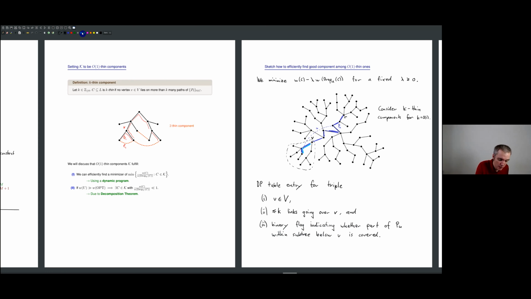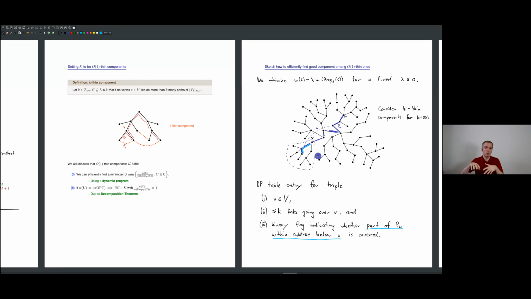The part of PU within the subtree below V is precisely this light blue part I showed here. For each of those triples, I want to save the solution that minimizes that expression. And one can then propagate solutions from smaller to bigger subtrees.